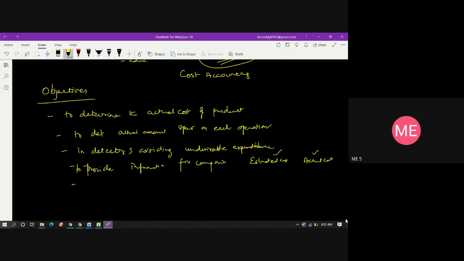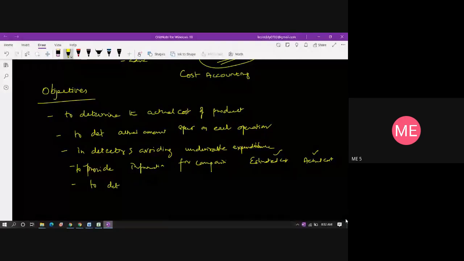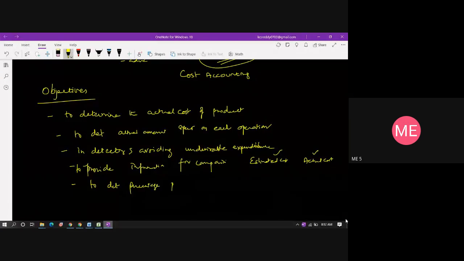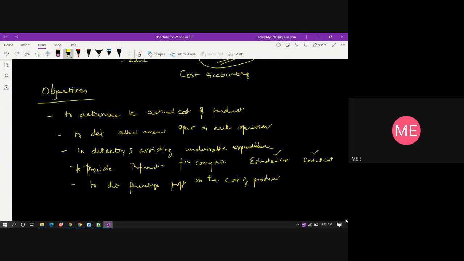And also to determine the percentage profit on the cost of the product manufactured. It helps us in finding what percentage of profit we are going to get on the cost of the product which is manufactured.